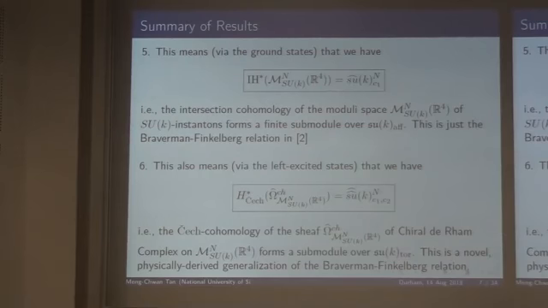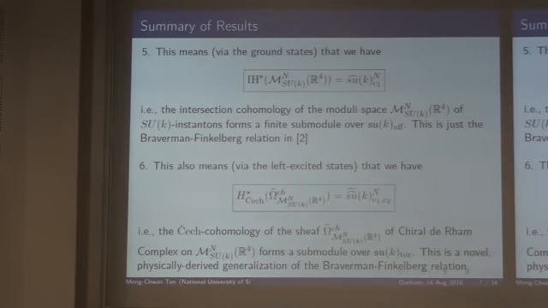Okay? So essentially, this is actually a sheaf of a conformal field theory. And to define the Čech cohomology of this guy, we need to do the usual gluing and the transition functions and all those things. Okay, so that's technical, but I won't go through that.